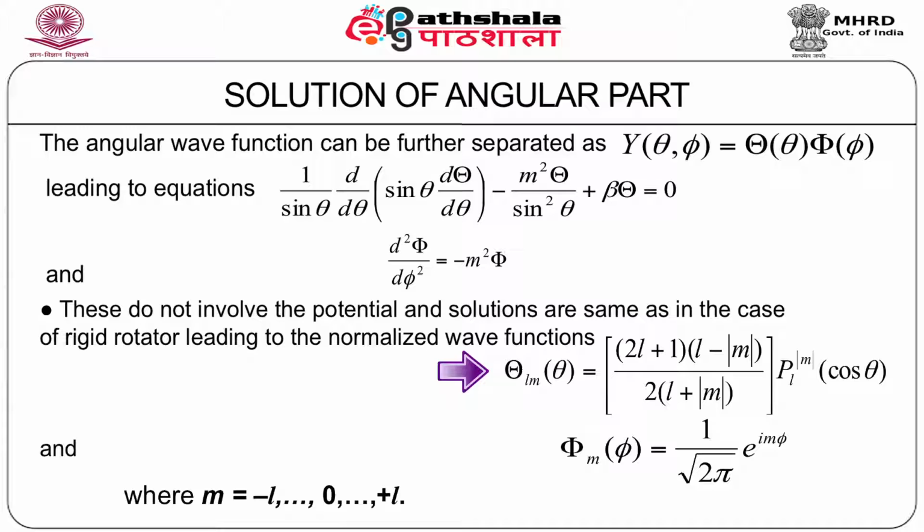That's the normalized wave function, capital Theta_lm as a function of small theta. That's the theta wave function, and then you write the phi wave function, where m is equal to minus l, 0, and so on, up to plus l.